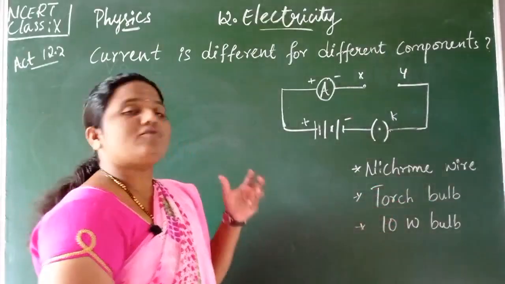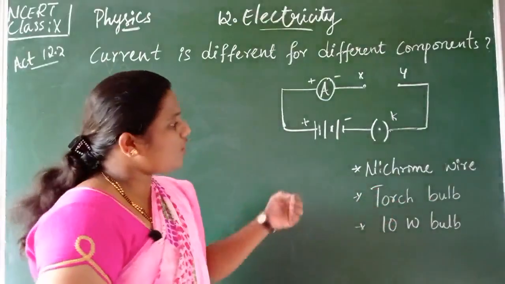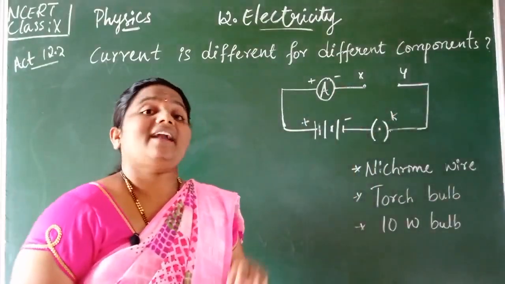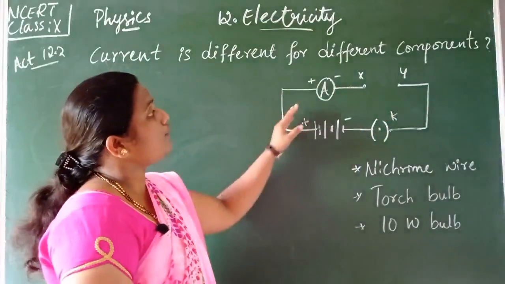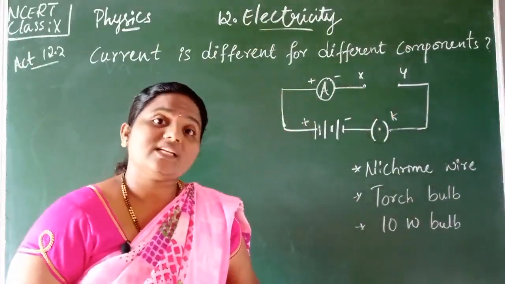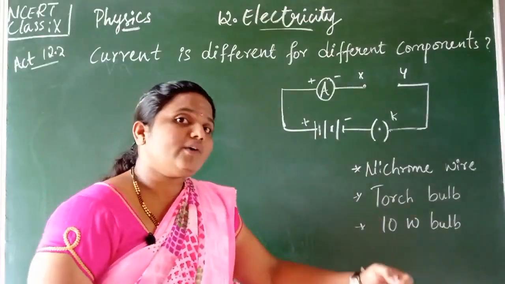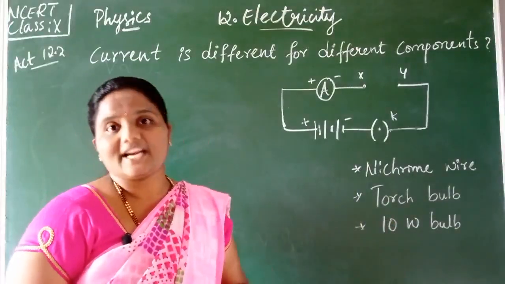For the torch bulb also we have to note down the ammeter reading. In each step we are adding a new component and measuring its current value, children.